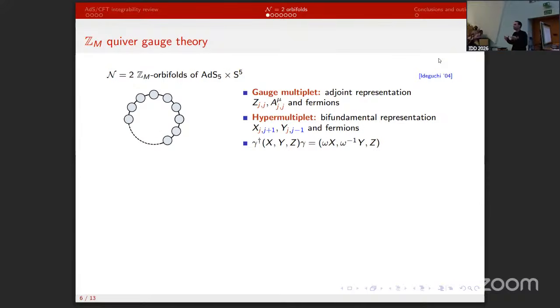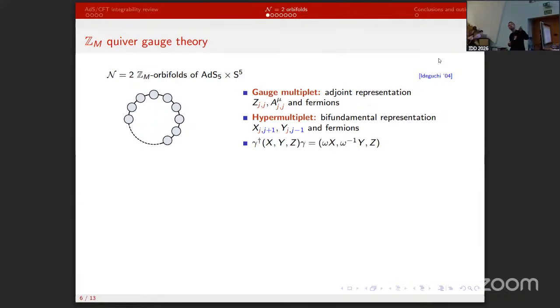Well, the idea for the orbifold is you start with N=4 as the parent theory, and then you identify different configurations that are related by a discrete Z_M symmetry. Hopefully it will become a little bit clearer in a moment. So what does it mean? Well, on the string background, basically you replace the S5 by S5 over Z_M.